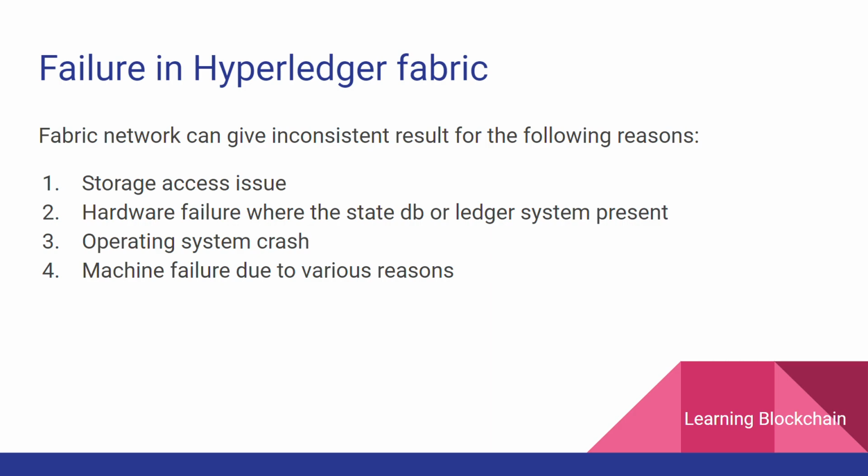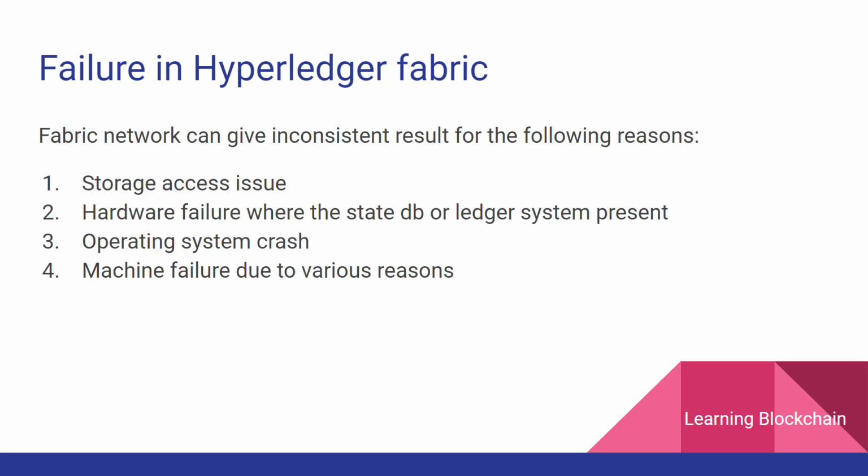There can also be hardware failure where the state database or the ledger system is present, or the operating system can crash, or the machine can fail due to various reasons. So there are various reasons via which a peer can crash, or the virtual machine or the machine in which the peer is running, or their file system can crash, etc. So how can we overcome this failure, and how is Hyperledger Fabric inherently designed to overcome it?